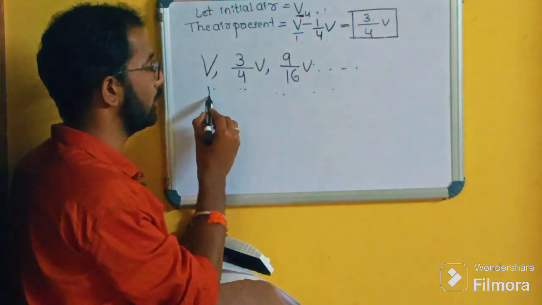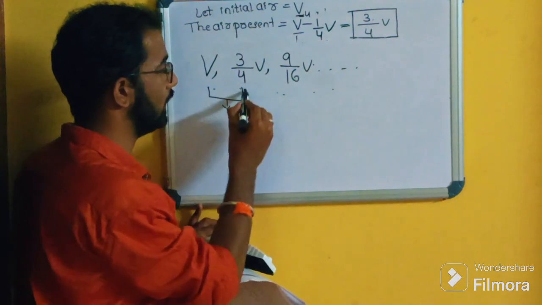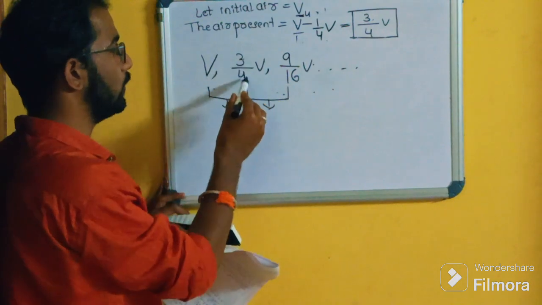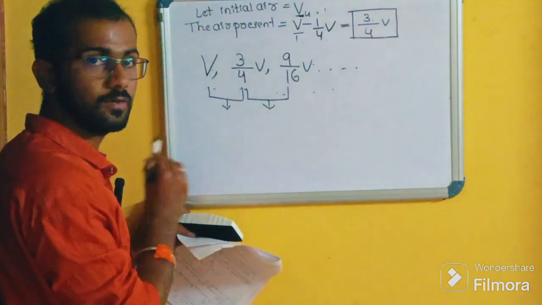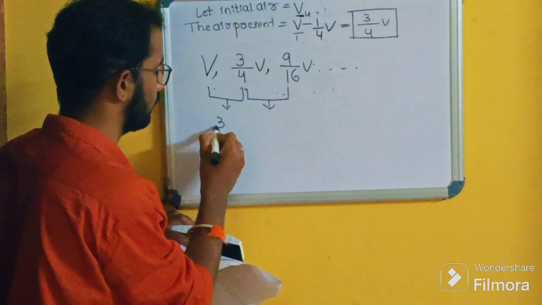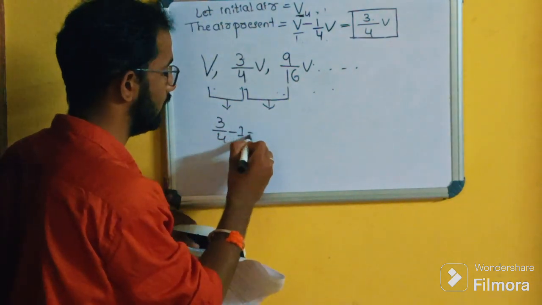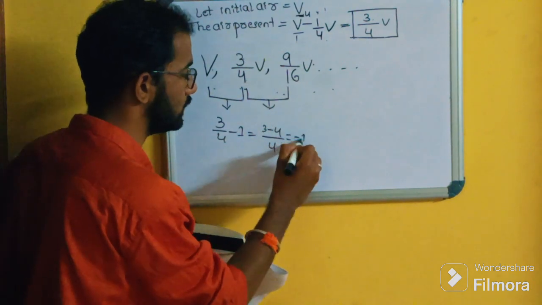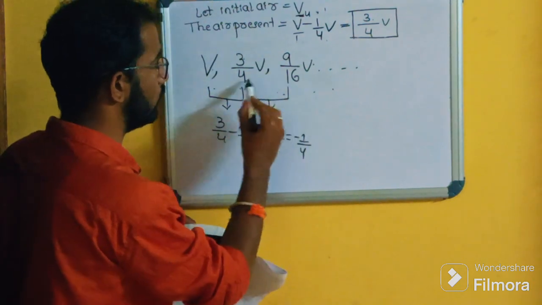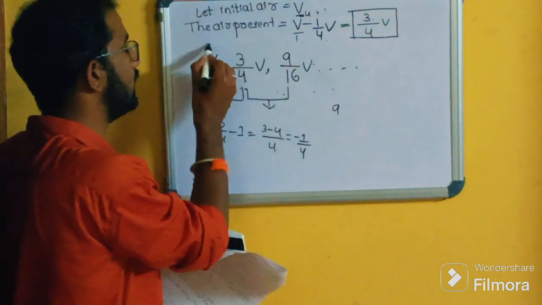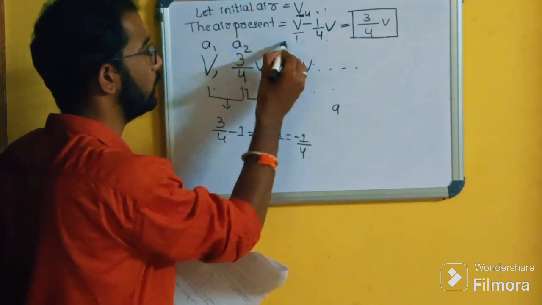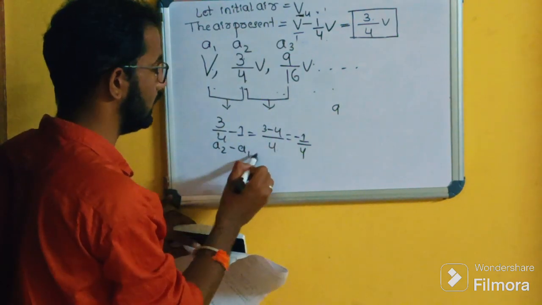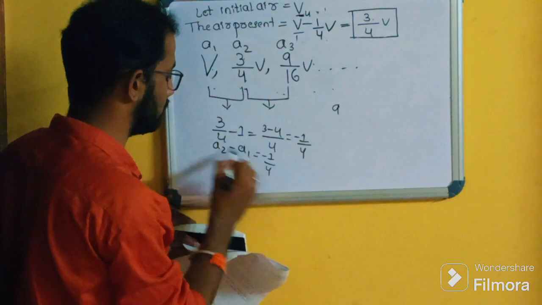How? Let's see. We need to take the difference over here. 3 by 4 V minus V, how much? It is 3 minus 4, which is minus 1 by 4. Now, if you assume the terms are A1, A2, A3, A2 minus A1 is minus 1 by 4.